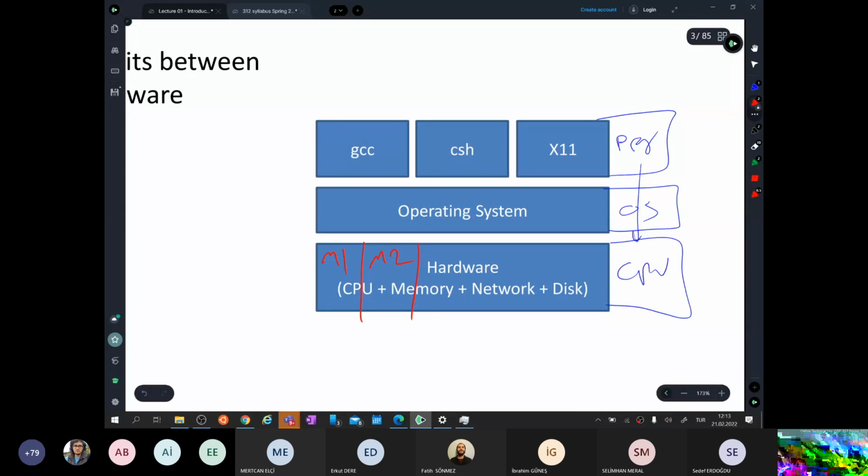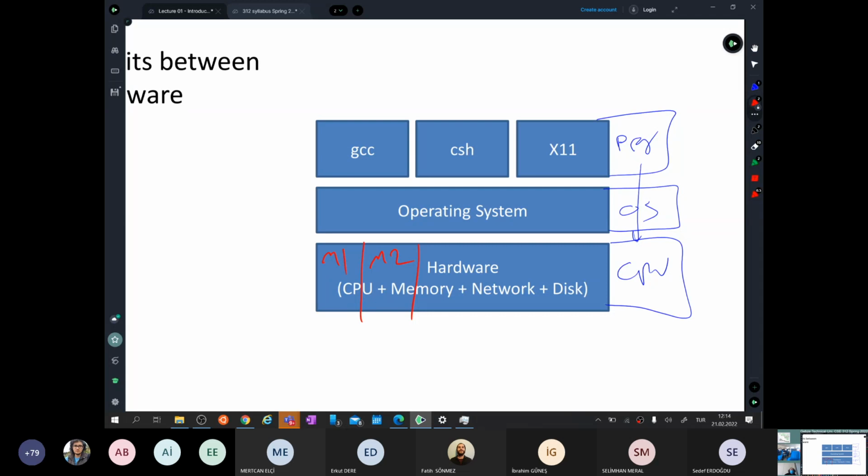The X11 server, the graphical user interface server, is part of the operating system, but the C shell and X11 don't have to run in the kernel mode. Whenever they try to do something, like draw a window on the screen, they ask the operating system kernel part to do it. So they run in the user mode, not in the kernel mode. Although they are considered part of the operating system, they don't have to run in the kernel mode.